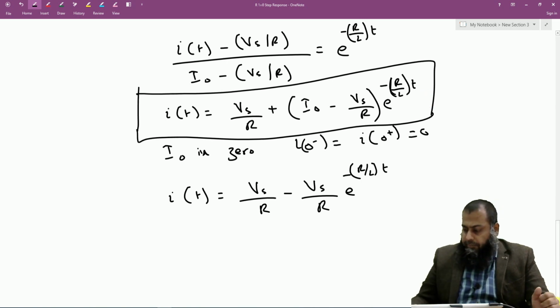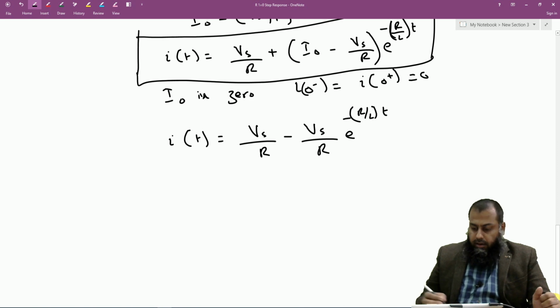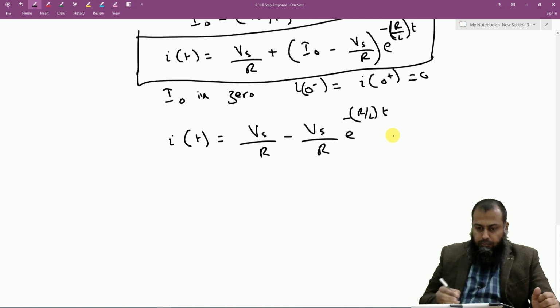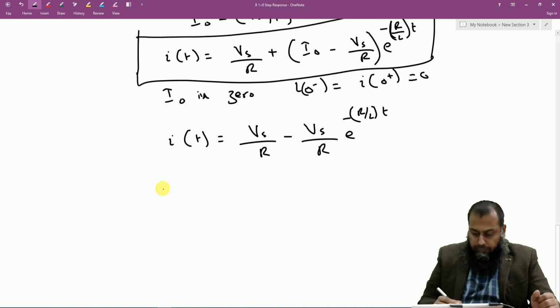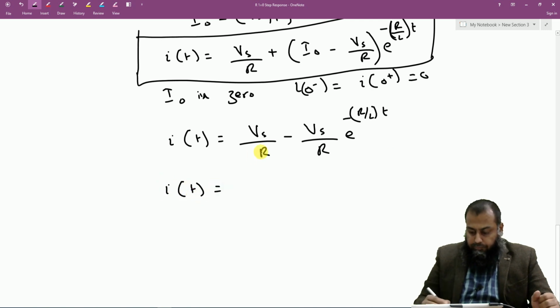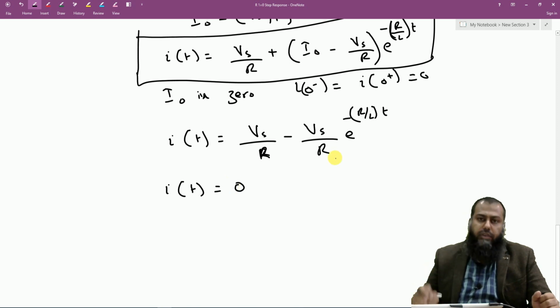Now, after we have turned on the switch at time t equal to 0, what will happen at time t equal to 0? i(t) will be equal to Vs over R minus Vs over R, and that should be equal to 0, because there is no current flowing here.